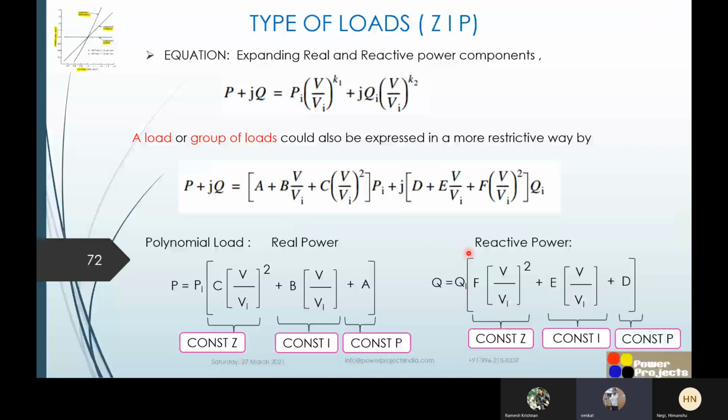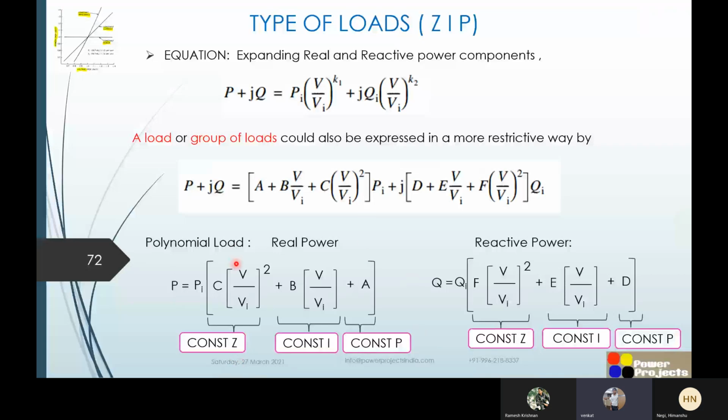For reactive power, it is the same equation, but they take out this P and replace it with Q. This is how the modeling will be for steady state conditions.